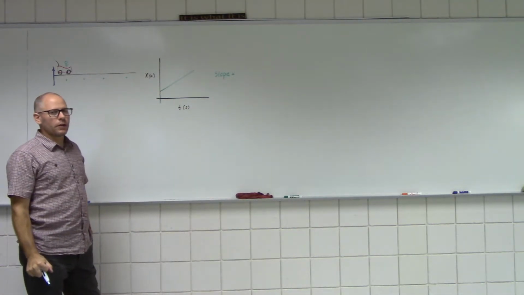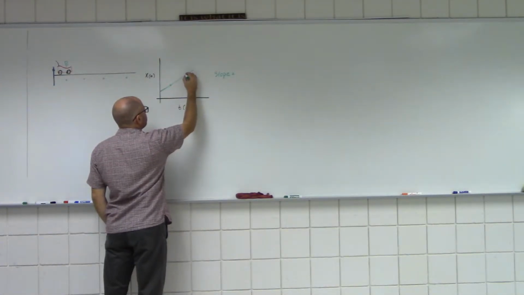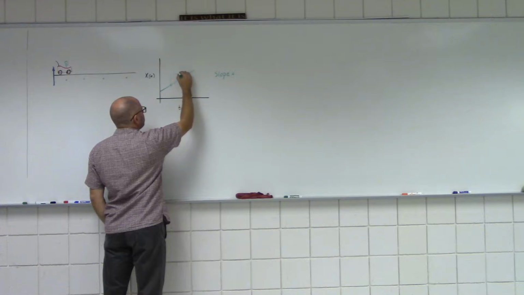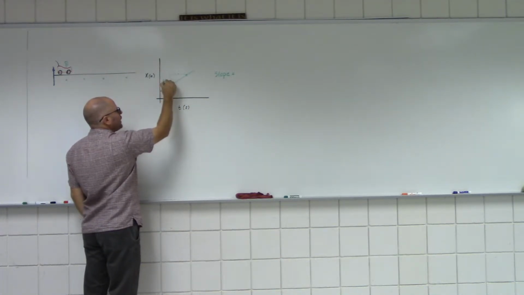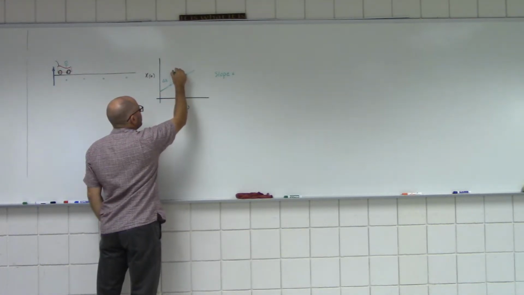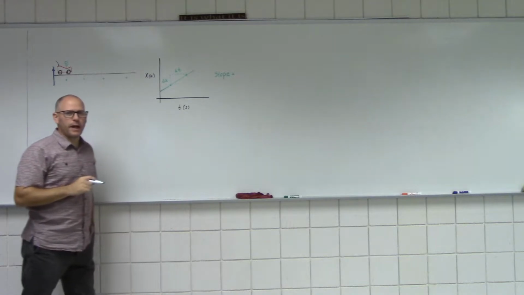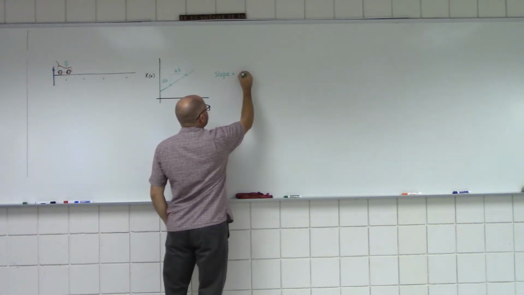If we just consider the slope as a general concept, the vertical is the change in the position, the horizontal is the change in the time. The slope is the ratio of the vertical to the horizontal.